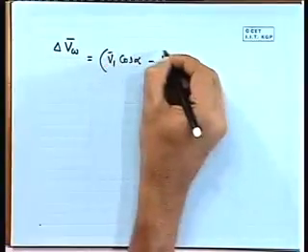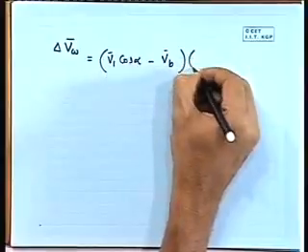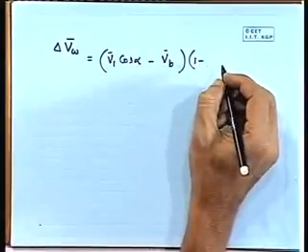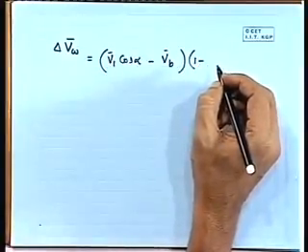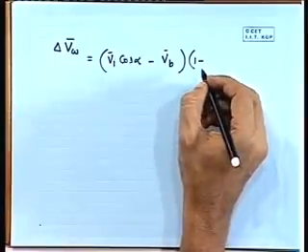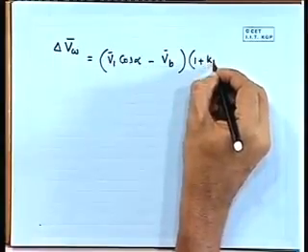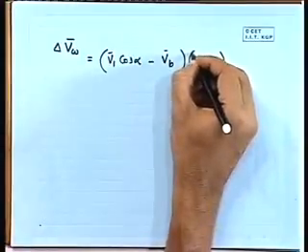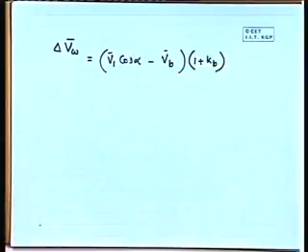So, all are vector quantities, these velocities, 1 plus Kb. This we can write 1 plus Kb.